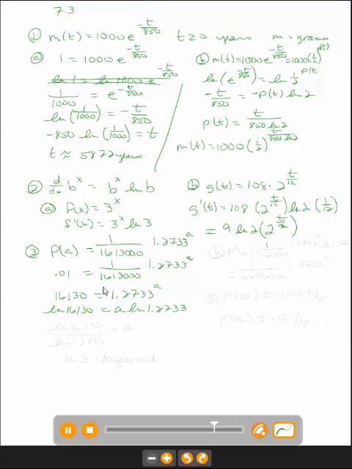Then to solve for A, I just need to divide by the natural log of 1.2733. And so that gives me A. According to the calculations, when you put this in your calculator, A is approximately 40 years old.